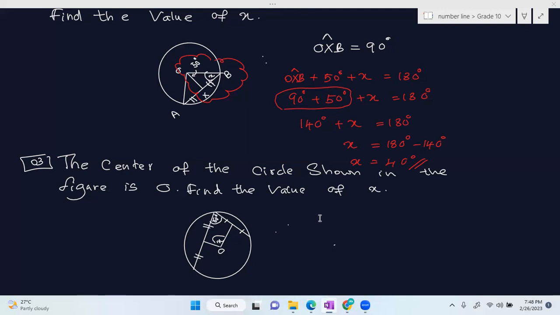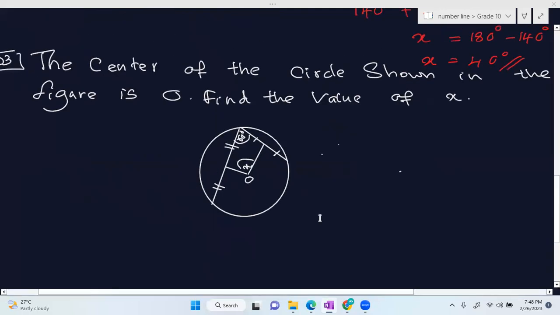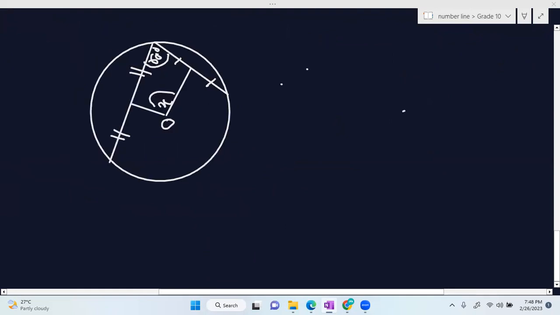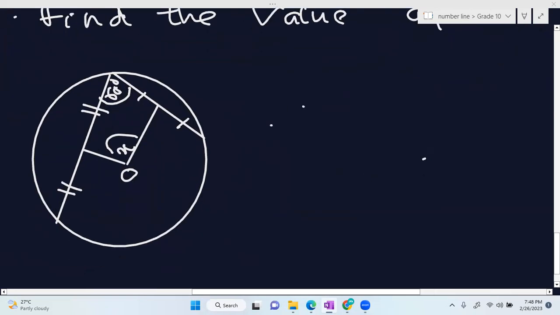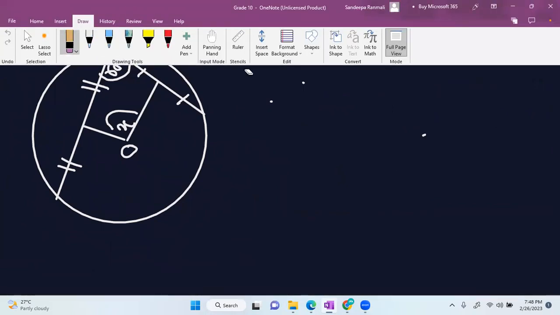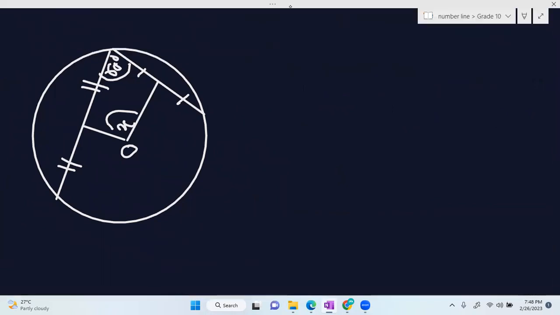Okay, what is the answer? Here, what is the 120? Here what do we have to do? What is the result we can obtain here? 120. What about the others?